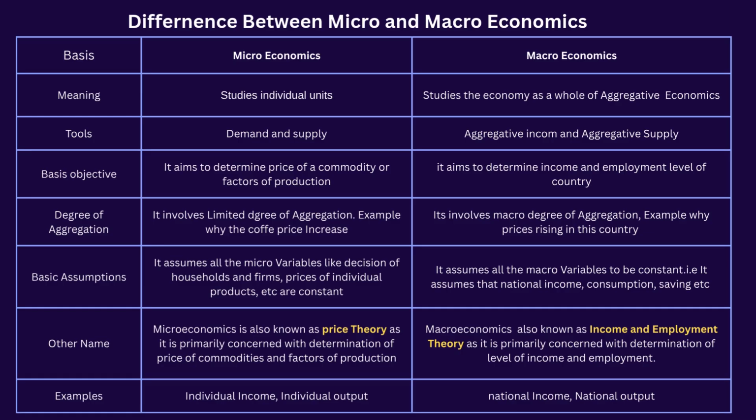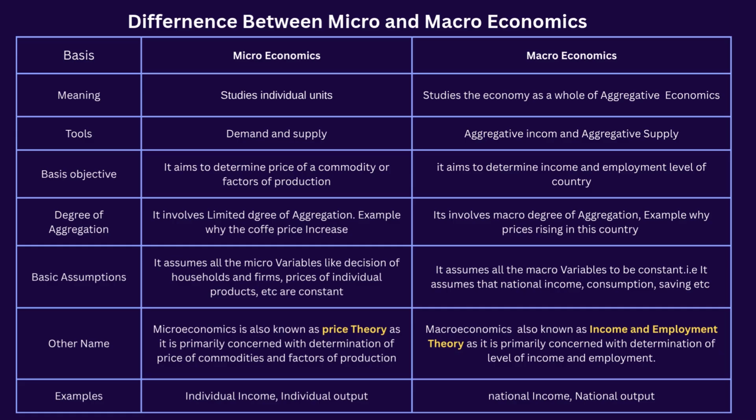And the basic assumption: microeconomics assumes all the macro variables are constant, and studies things like the decisions of households and firms and the price of individual products, the rent rate.